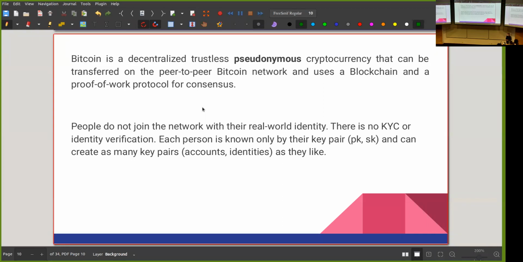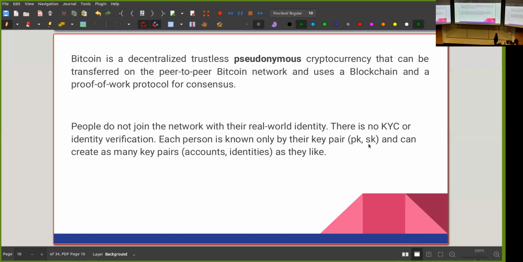So in that sense, yes, Bitcoin is anonymous. But on the other hand, whenever you're creating a transaction, whenever you are trying to send money to someone else, you have to use your network identity. You have to use your public key and secret key. And in that sense, it's not really anonymous. So that's why we call it pseudonymous, like pseudo-anonymous. Okay, but a really important point here is that there is no real world identity verification.